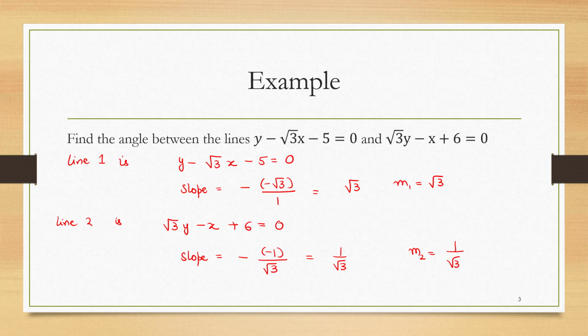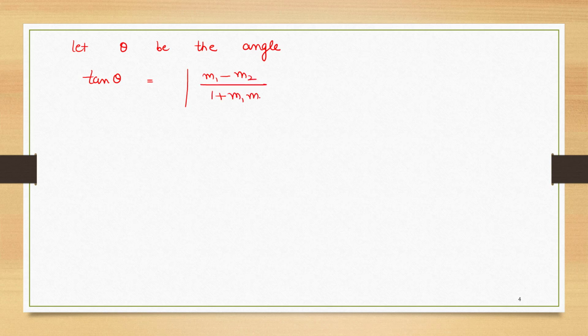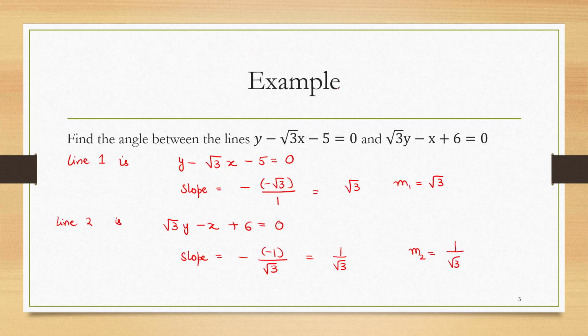Now we are going to find the angle between these two lines. Let theta be the angle between line 1 and line 2. Then tan theta, we know, is equal to mod of (m1 minus m2) upon (1 plus m1 m2). Here m1 is square root 3 and m2 is 1 by square root 3.